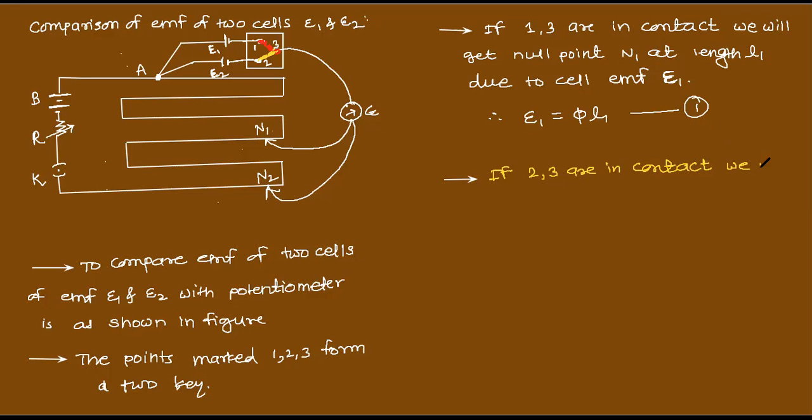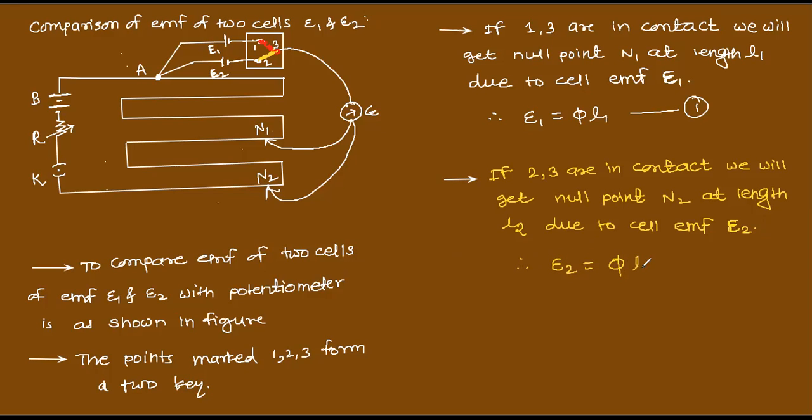We will get null point N2 at length L2 due to cell EMF E2. Okay, cell EMF E2. So here what we are getting then? Therefore, E2 is equal to phi L2. Call this equation number 2.